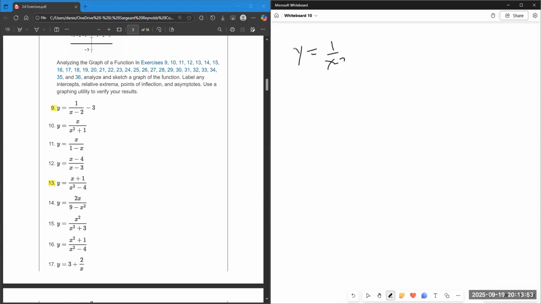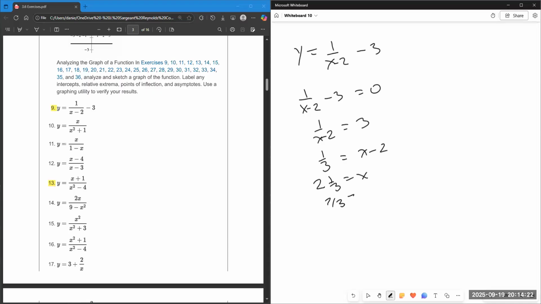So 1 over x minus 2 minus 3, we're going to have, let's see, 1 over x minus 2 minus 3 equals 0 when 1 over x minus 2 is equal to 3. 1/3 is equal to x minus 2, 2 1/3 is equal to x.